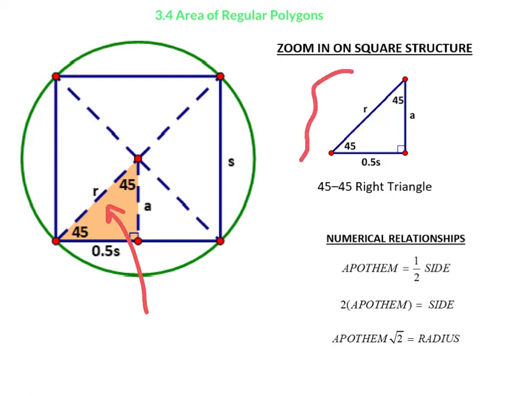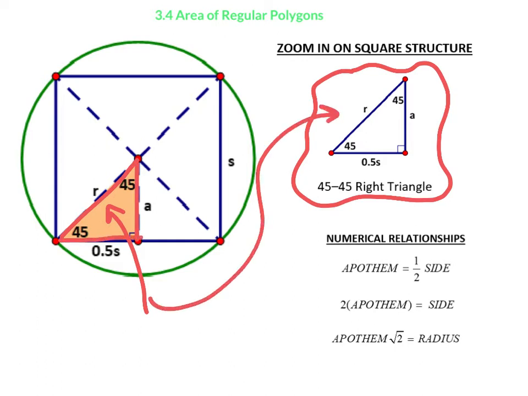When you zoom in on the square's inner relationship between radius, apothem, and side, you find out that you're looking at a 45-45. Because of that, you and I know quite a bit. One, the apothem and half of the side will always be the same value.